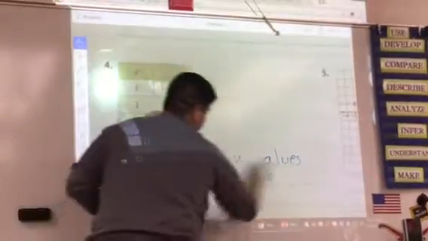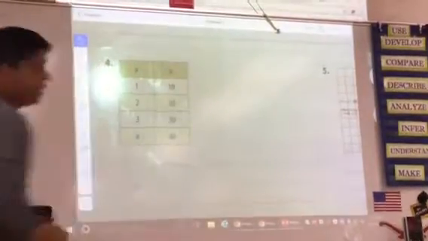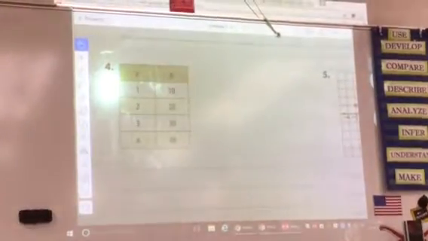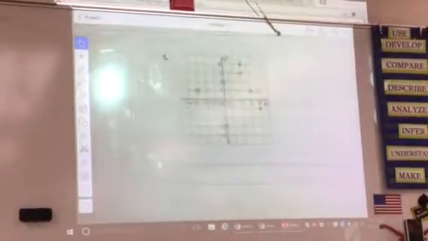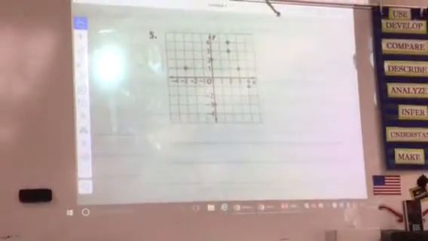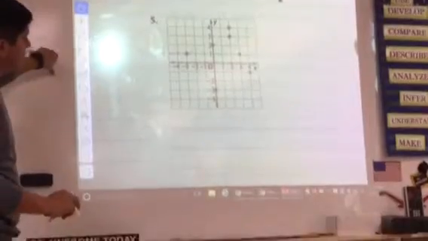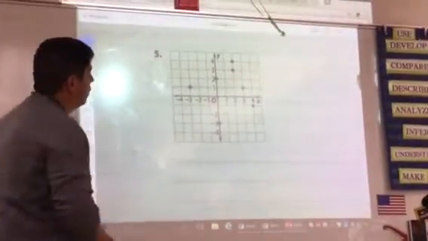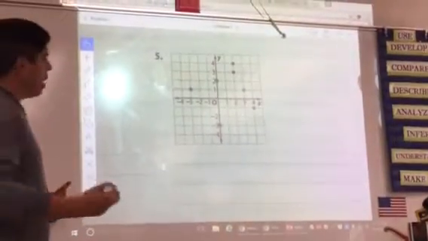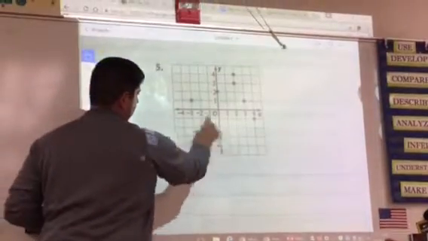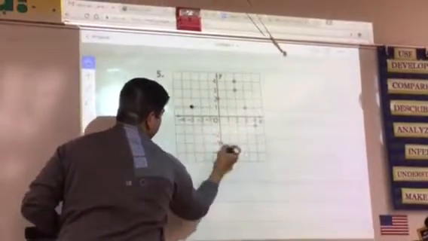All right, and then the last thing we're gonna look at, so we looked at mapping diagrams, coordinates, ordered pairs, we looked at a table, and now let's look at a graph. When I look at a graph, I'm looking at all these points here.